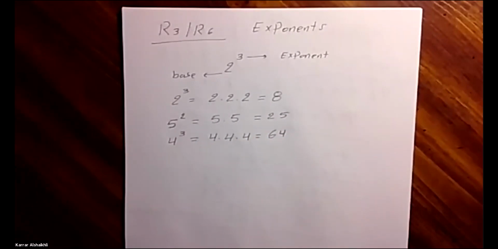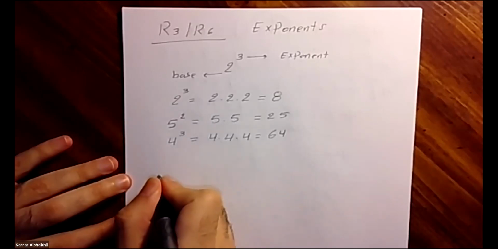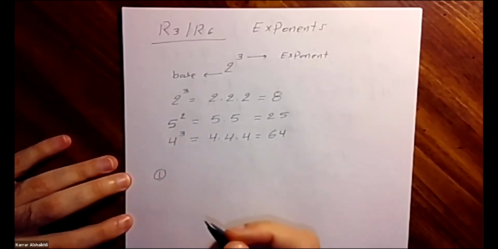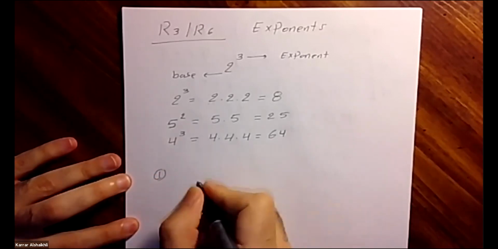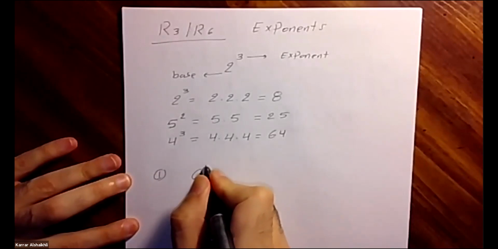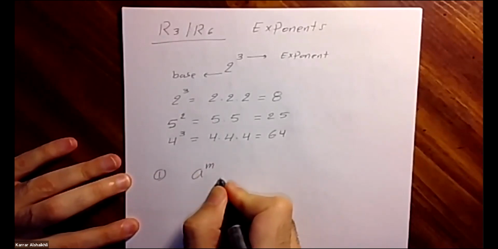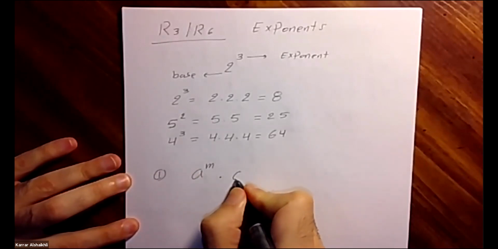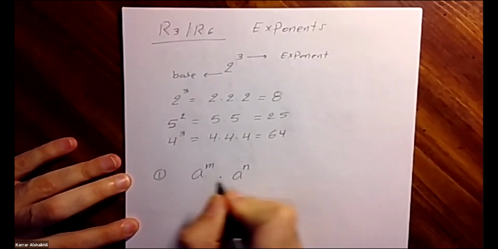Let's do some rules to make everything easier for us when we work with the numbers. The first rule of exponents: when we have a number with exponent m times exactly the same number with a different exponent.